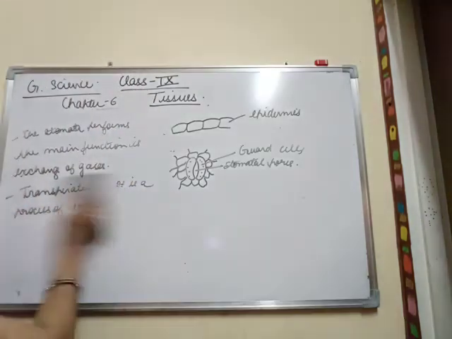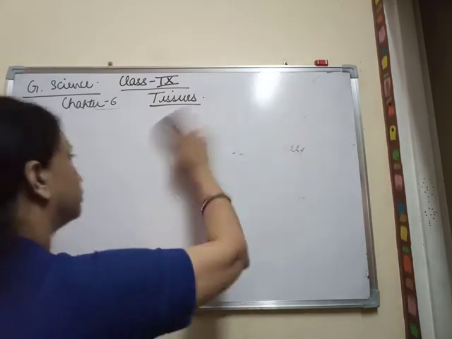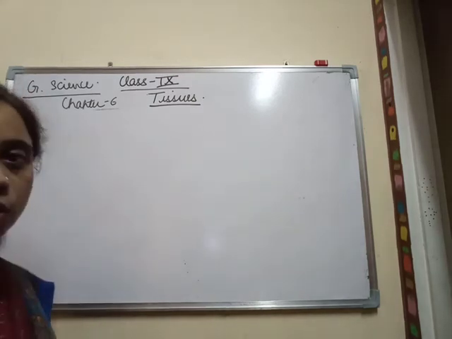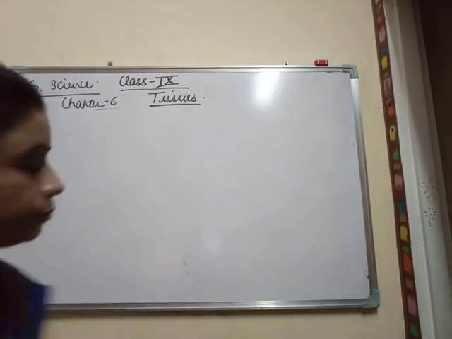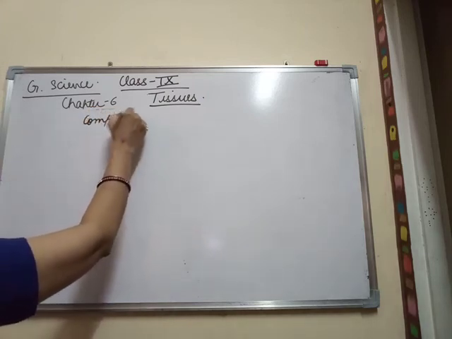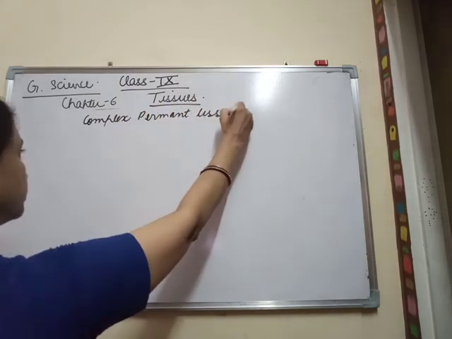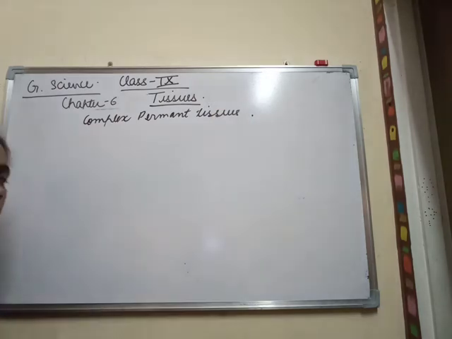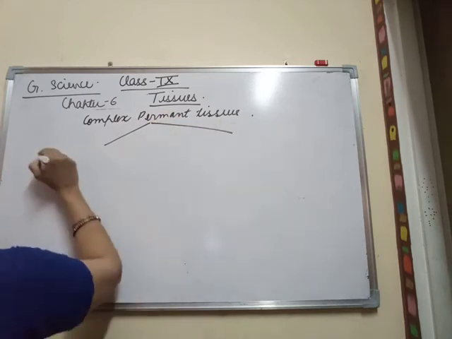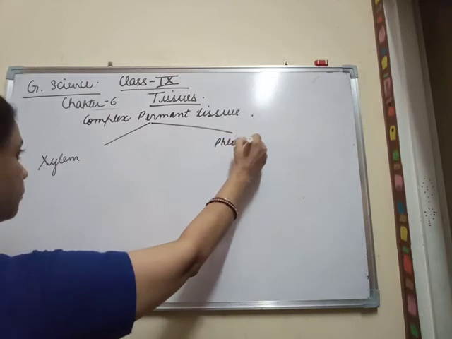Now we are going to move ahead to the complex permanent tissues. So when we are talking about the complex permanent tissues, as I've already told you all, these tissues are made up of more than one type of cells, and they fall into two categories, that is the xylem and the phloem.